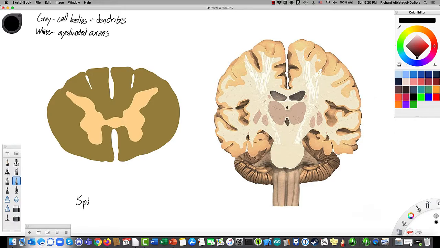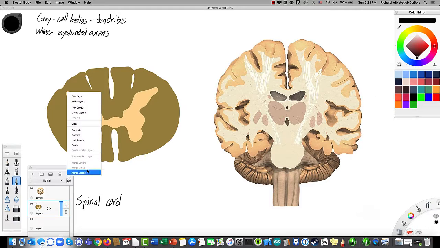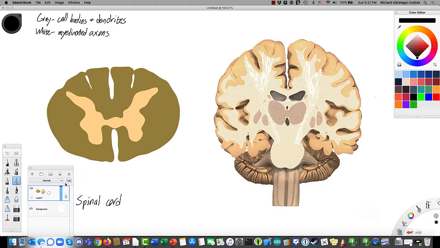This is the spinal cord, as it might look in a cross-section, and this other one is the brain, specifically a coronal section.